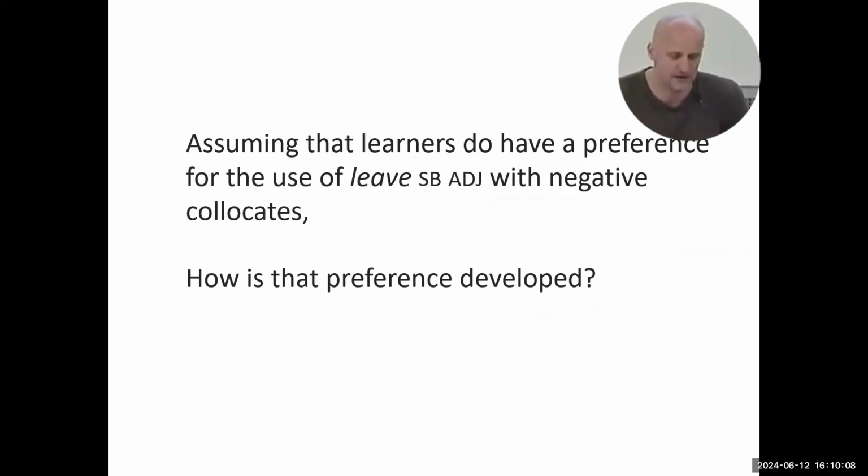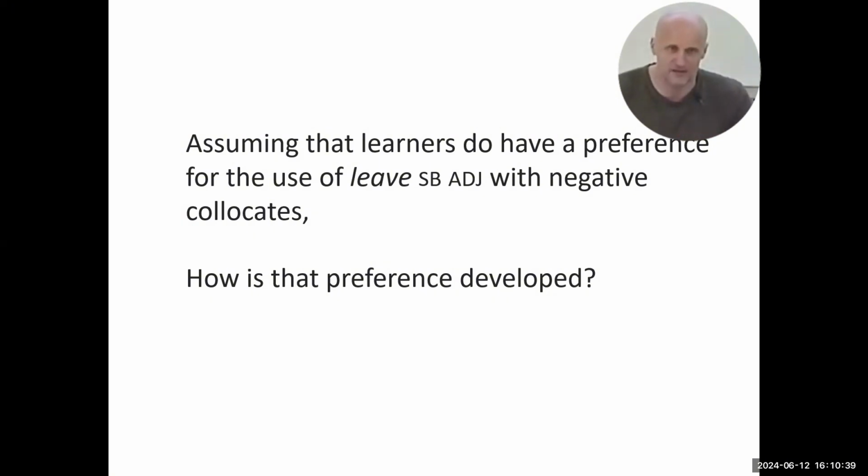We know that according to construction grammar accounts, to usage-based accounts of learning, our knowledge of grammatical constructions comes from our experiences, right? With multiple exposures to instances of how the construction is used, of which there can be at least hundreds, sometimes thousands of experiences with a construction in actual usage, right?